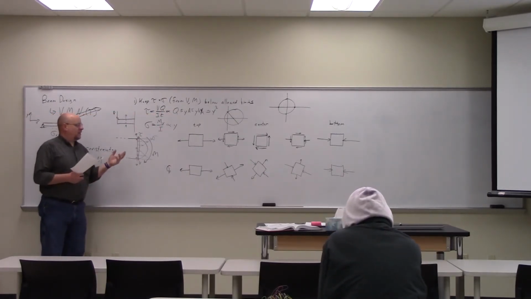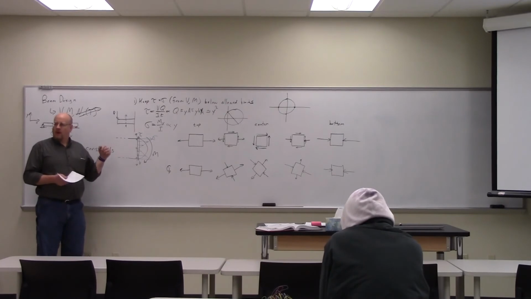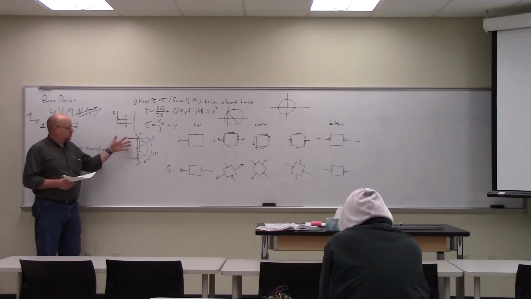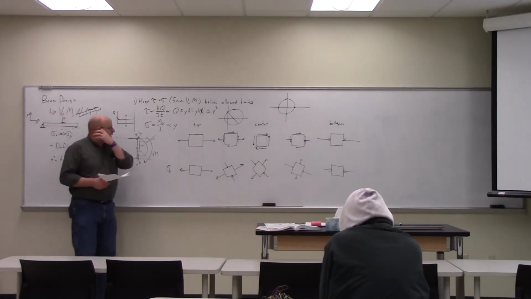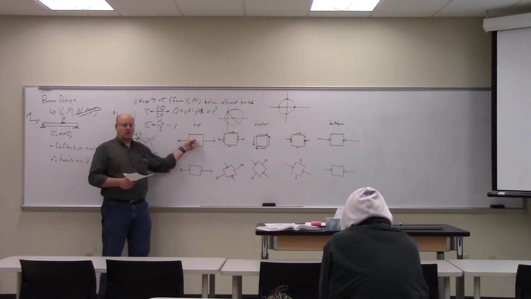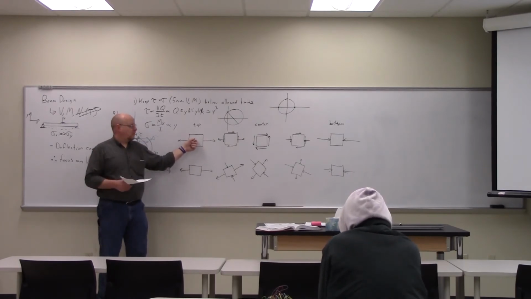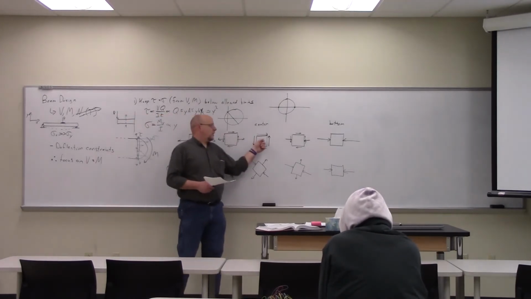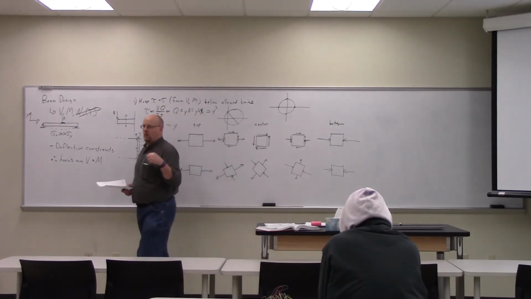So the key is to identify what point I'm designing around. Right? I understand this distribution. If I'm going to design around the key normal stress, that's going to occur at the top surface in this configuration. If I'm designing around tau, it's going to happen in the middle surface, the center.